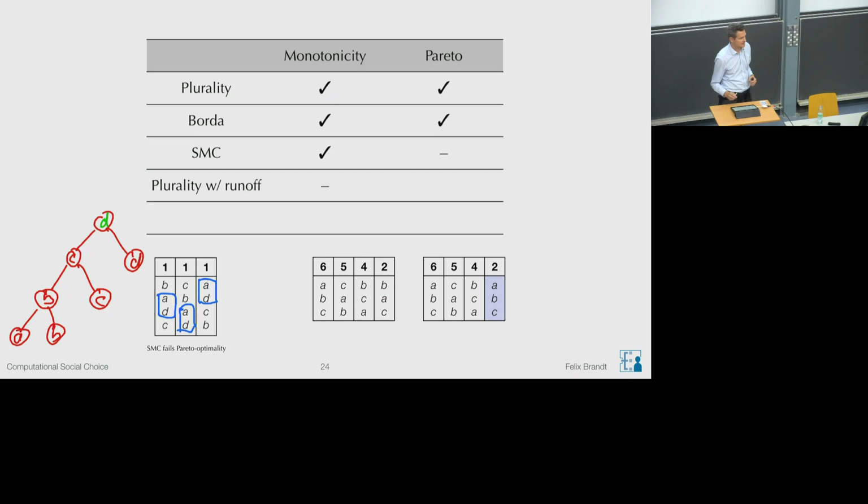There are actually papers studying how many times this probably happened in French presidential elections. We cannot really know for sure, because we don't know the exact preferences. We only know the top choices that the voters submit. But of course, there are polls and everything, and we can make some assumptions about what the preferences probably looked like.